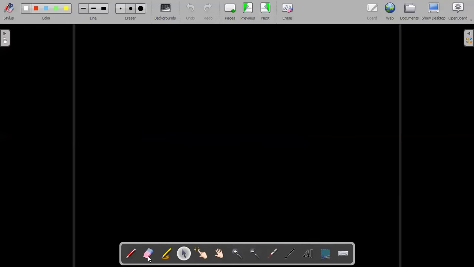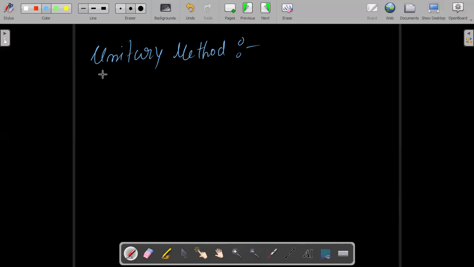Now I can write. So again, I have to write it from the beginning. The chapter name is Unitary Method. And to discuss this method, we are giving the example of the sweets.